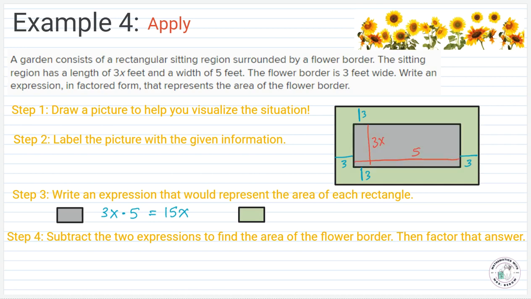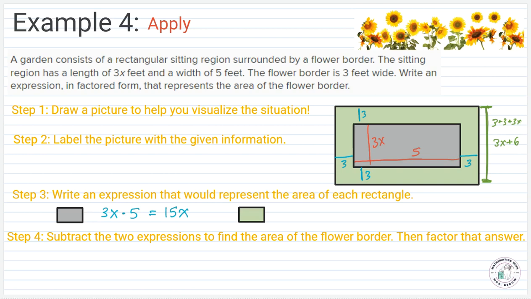With that being said, the entire side length of this green is going to consist of the 3, the 3x, and the 3, because you're going all the way across from one side to the other. So you have 3 plus 3 plus 3x. If I write it more in standard form, this is 3x plus 6. So that is the length.